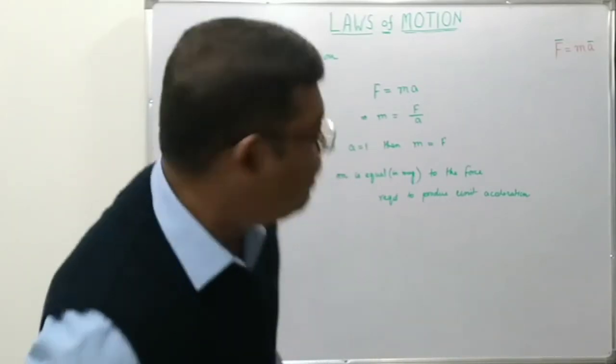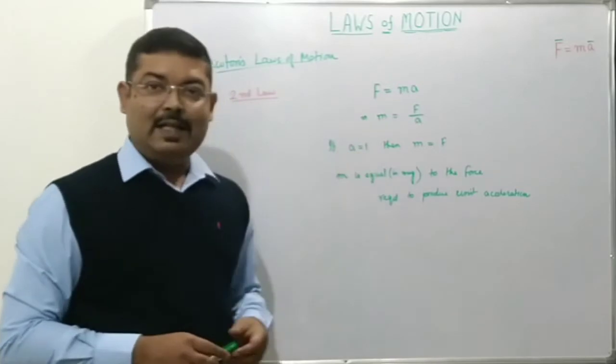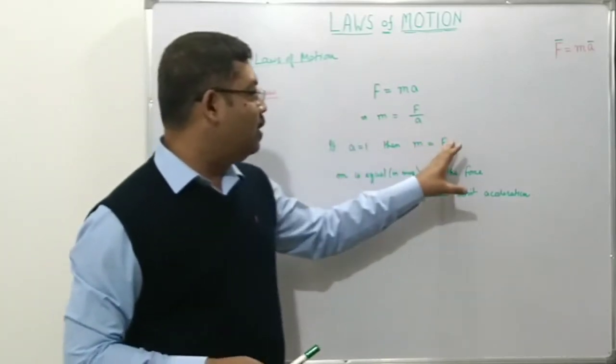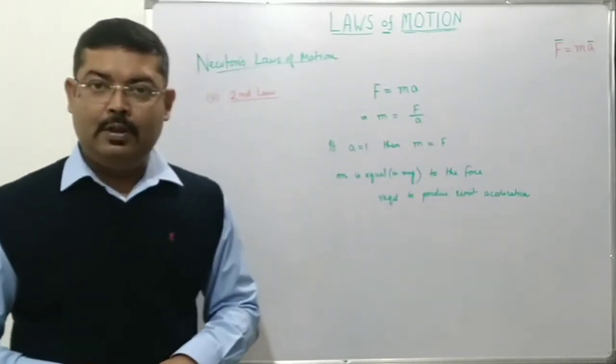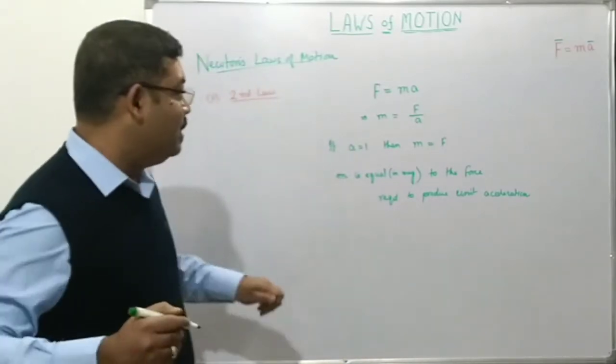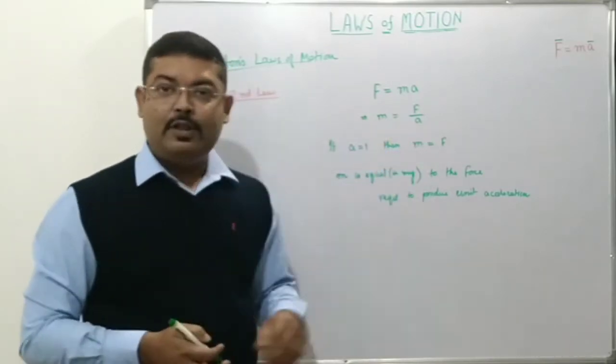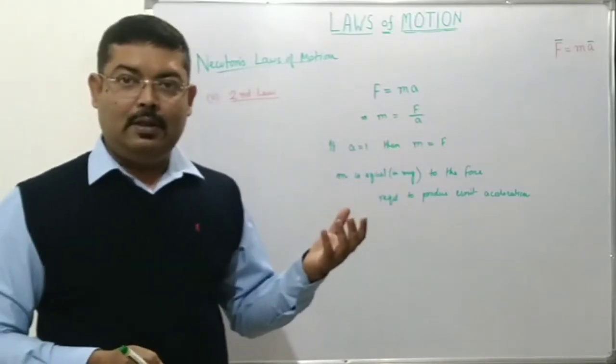So, in other words, mass itself is a measure of the amount of resistance that the object offers to the applied force. The resistance to the applied force is known as inertia.